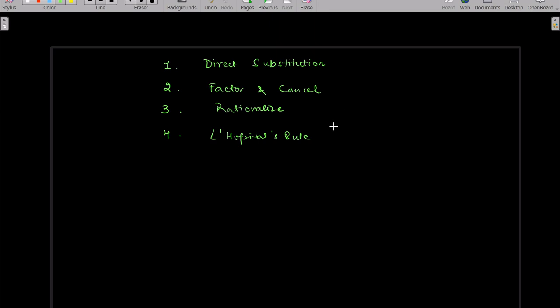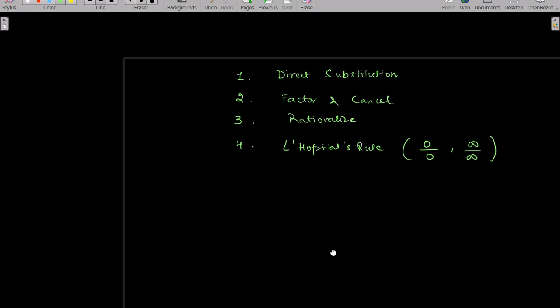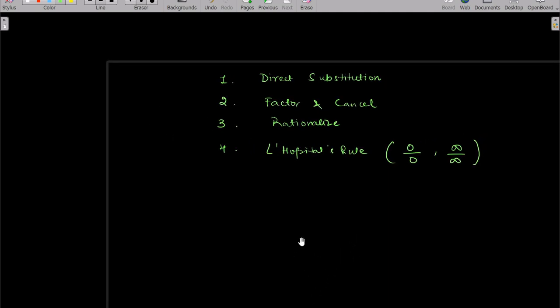L'Hopital's rule is useful when you get the form 0 over 0 or infinity over infinity. Have you done L'Hopital's rule? No, not yet. Okay, so we'll do these methods one by one.